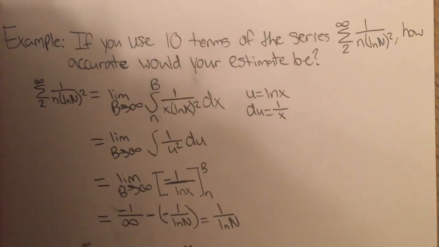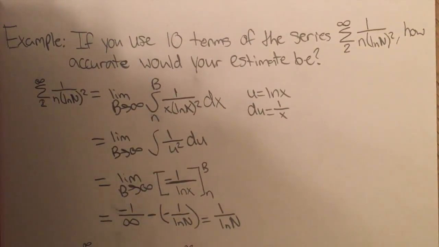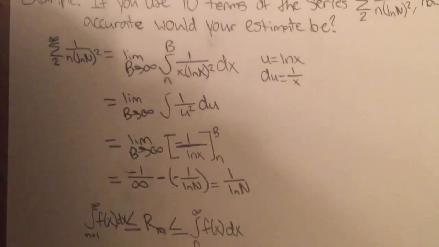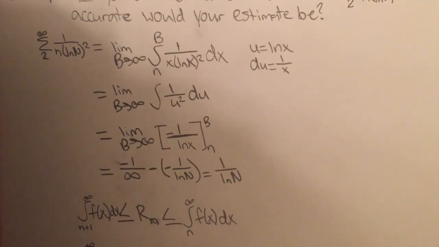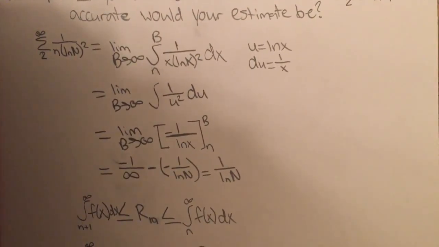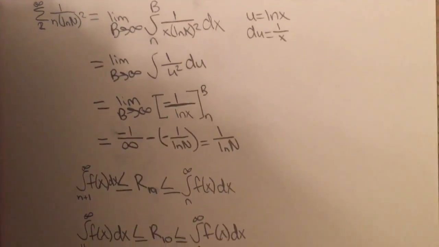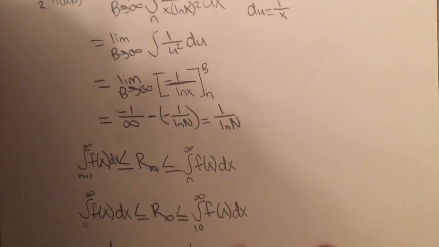Once we plug in those variables, we're going to get negative 1 over infinity minus negative 1 over ln of n, which is just equal to 1 over the ln of n. Back to our original equation, we can now plug in n to be 11 and 10, and the remainder is going to be of 10 as well.